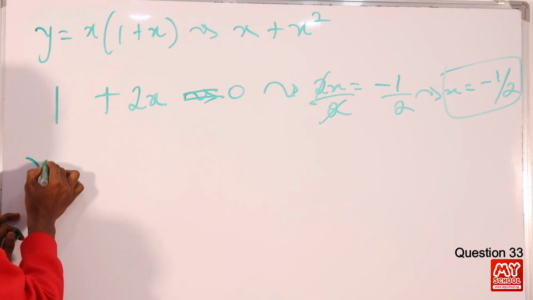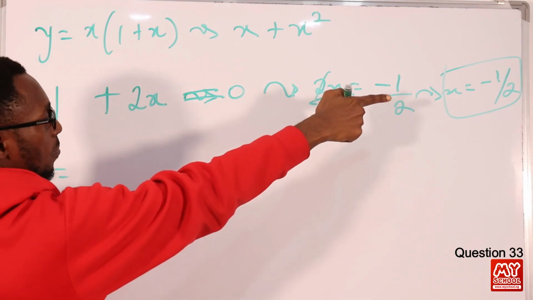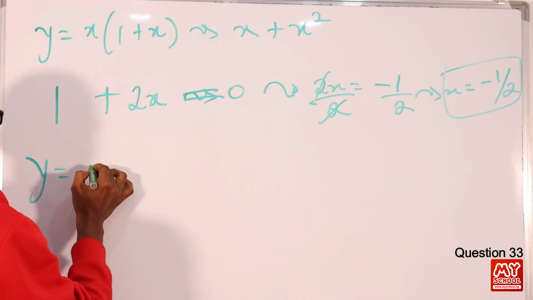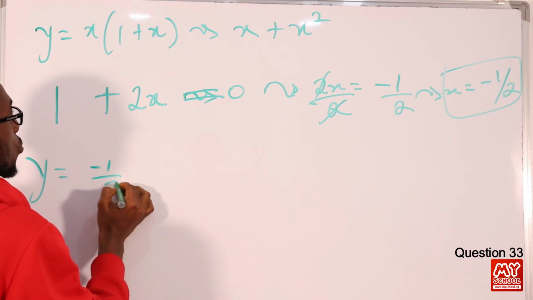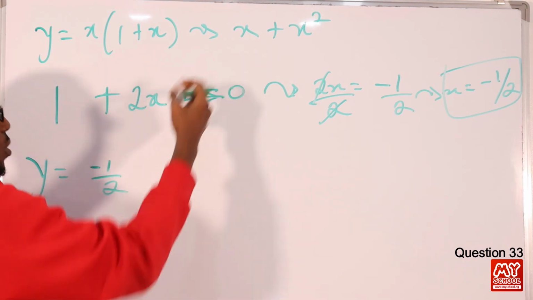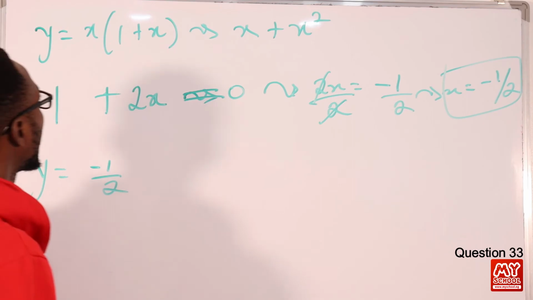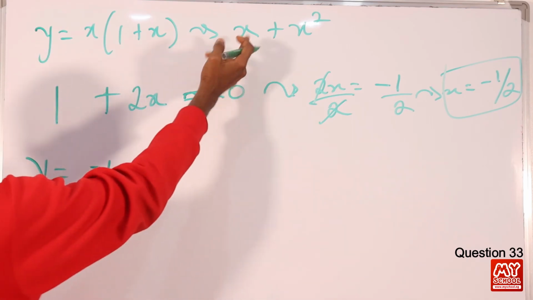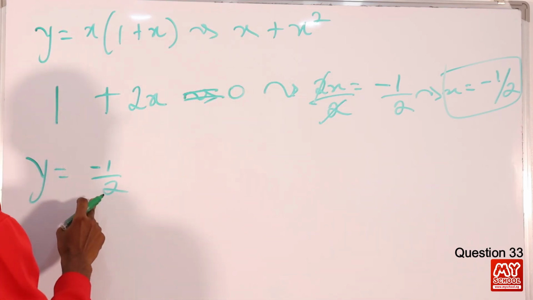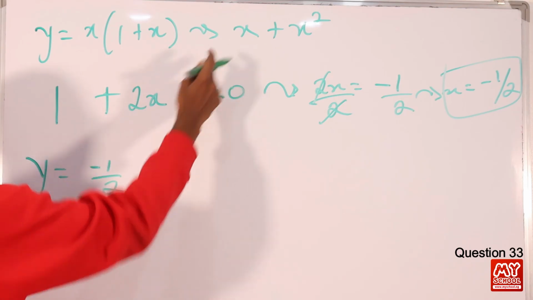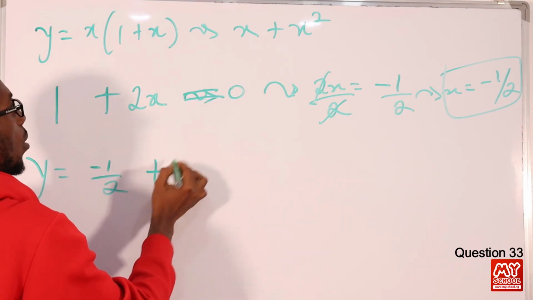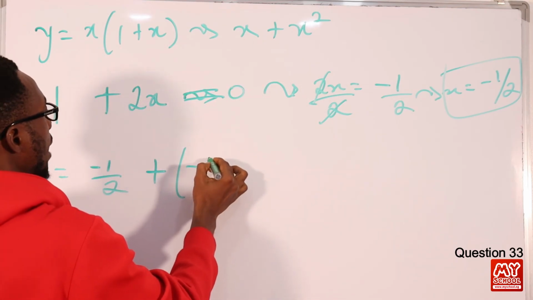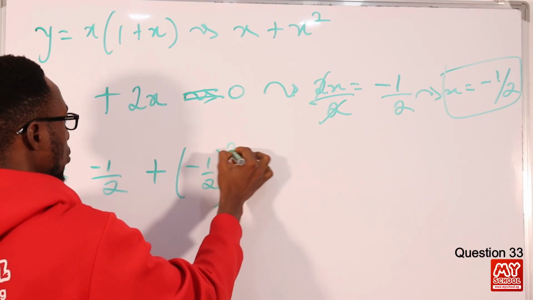So y equals, anywhere we see x, we replace it by minus 1 over 2. I can use it from here, whichever one is convenient for us. If I use it from here, it's still fine. So I have minus 1 over 2, plus, into brackets, minus 1 over 2 raised to power 2.